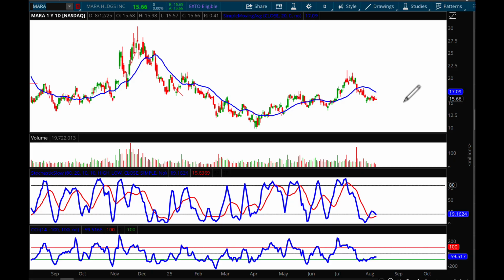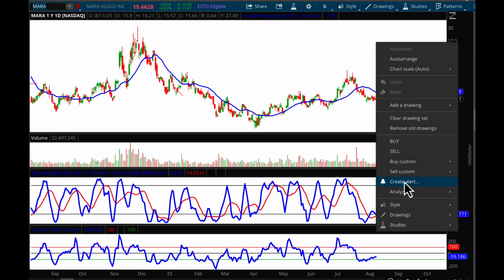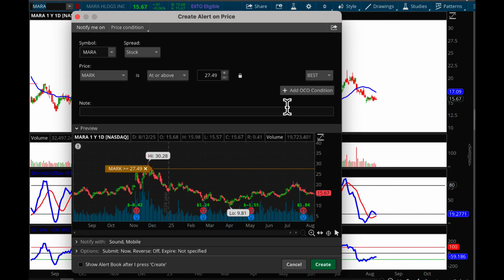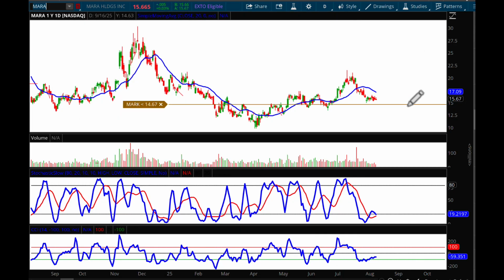Another thing I like to do is use price alerts on the Thinkorswim platform. Right click and you can put an alert here based on price. So if I buy the stock at 15.67 and I want to put a stop somewhere below that support, let's say 14.67, just giving you an example here, I type in 14.67. If the stock closes below that level, that's how I like to do it.